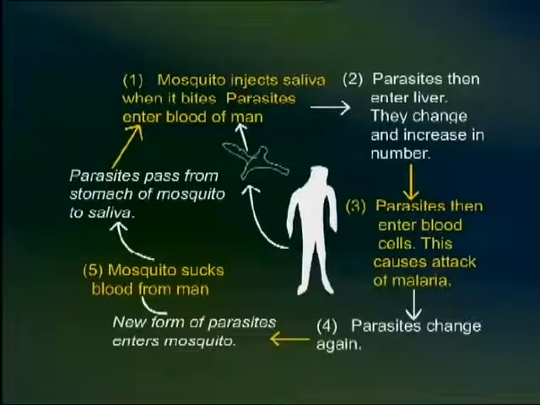That is stage 2, which is followed by the third stage, which is parasites then enter the blood cells. This causes an attack of malaria. And this is followed by the fourth stage, where parasites change again, and a new form of parasites enters mosquitoes.